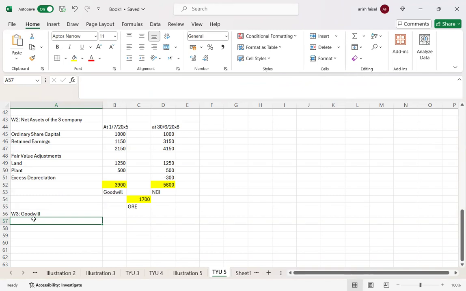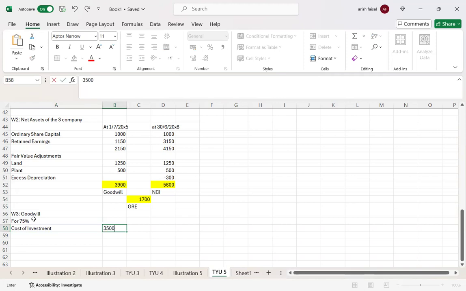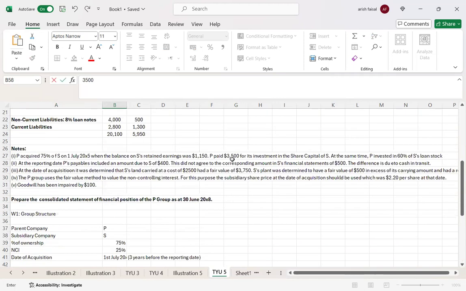Okay. So first we will have to find out the goodwill for 75%, right? And for that, we have to take the cost of investment, which is 3,500. Here, it was given to you in the question.